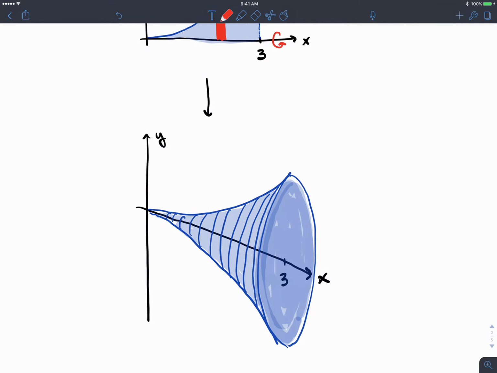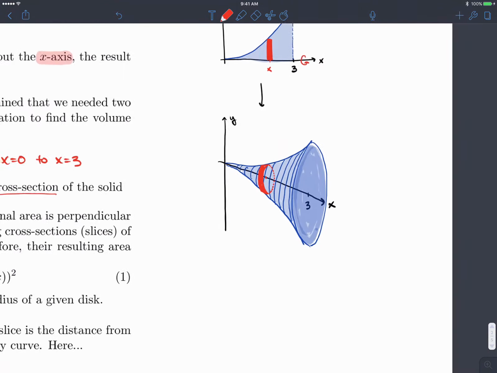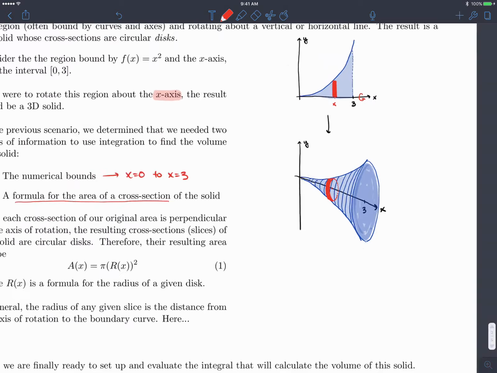And if we think about what would have happened to that rectangle when we rotated it around, let's say that just exists at some point x. Here's that same point x right here. We would have gotten a little solid that would have resulted in its rotation right here. So here's that being rotated around our little axis right there. So that's at that same point x.